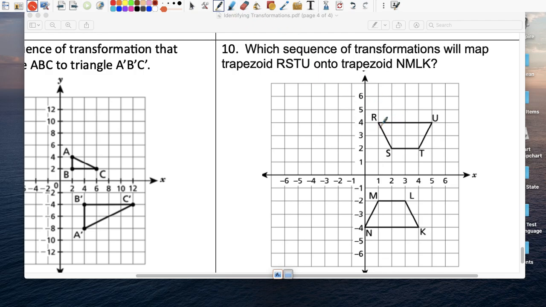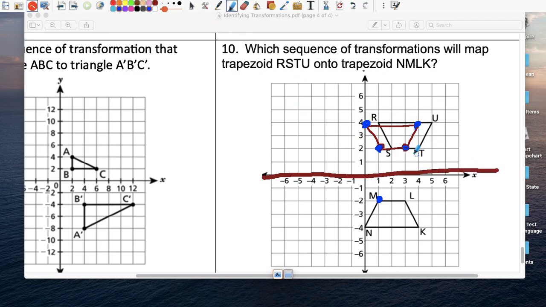So this one's pretty easy. The first thing we can do is take that trapezoid and translate it 1 over, just 1 over. And if you translate that 1 over, and then we change colors and focus on these points, this one, this one, this one, and this one, and you reflect that over this line, notice that they will match, because this point right here matches this point.